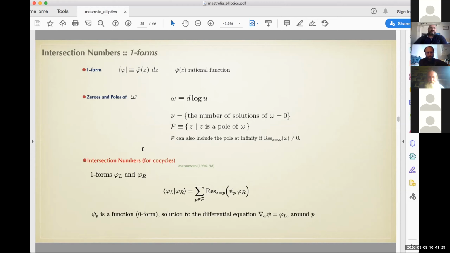The intersection number is the novel ingredient of this development. It's in particular obtained by combining the solution of a differential equation around each pole of omega together with the residue theorem. I can answer questions afterward about the technical aspects. What's important is that to derive this equation, Stokes' theorem played an interesting and important role.